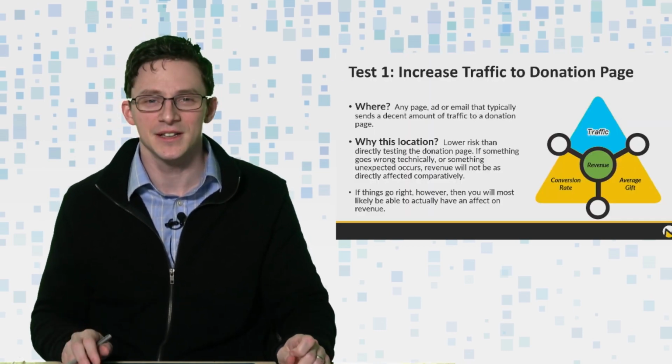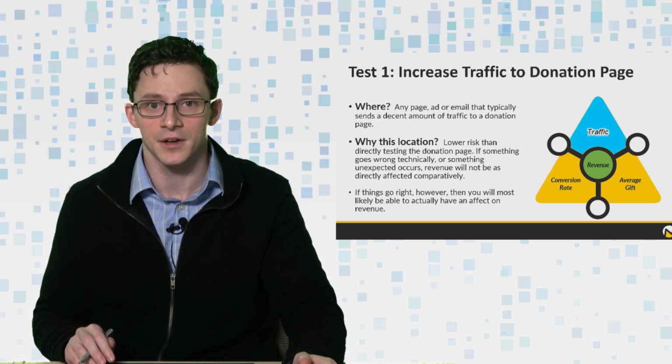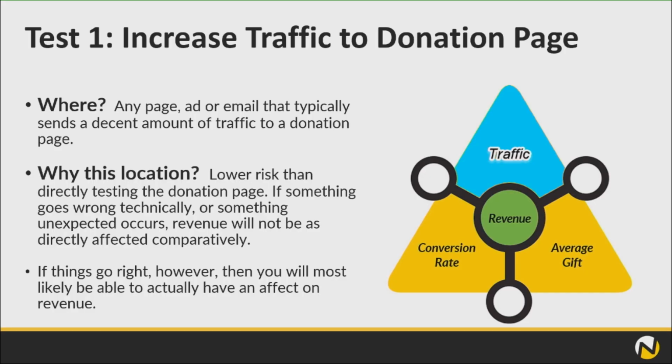The first opportunity test that everybody looks like they need to do. Even when I go to an event, they're like, John, look at my page. Look at my page. I always point this out. It's increasing traffic to the donation page. You know why I love this? It could be any page, ad, or email that typically sends traffic to your main donation page. And the reason why I test here is because if you run the test and something goes wrong, you're not breaking your donation page, right?